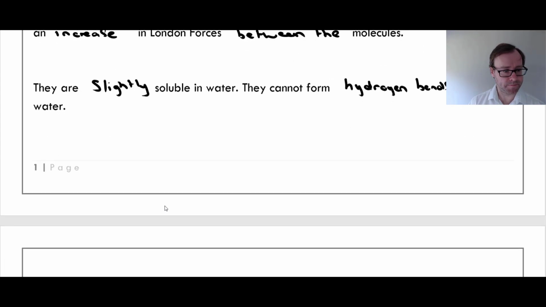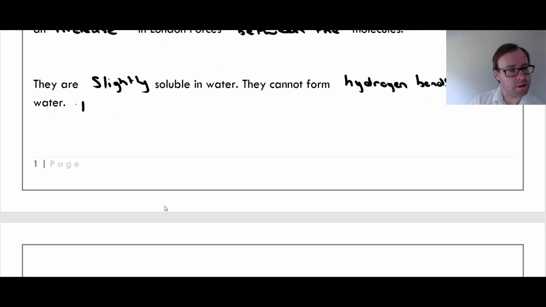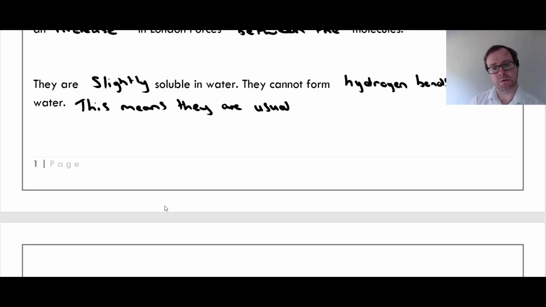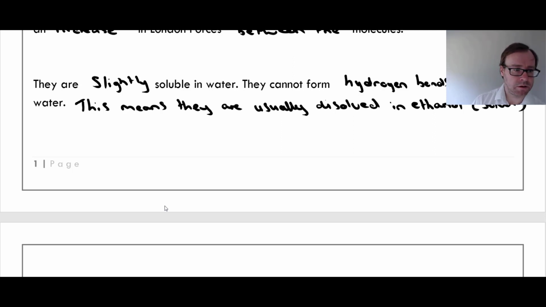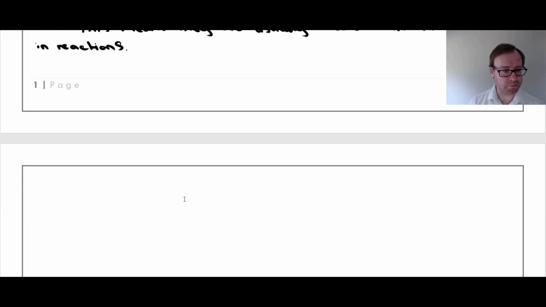Okay, and we'll just write here that this means they are usually dissolved in ethanol, which is our solvent in reactions. Not always, but mostly. Okay, and we'll talk about that in a little bit.